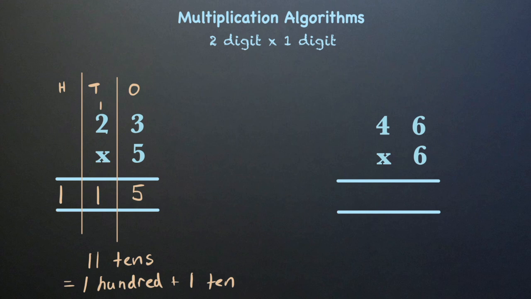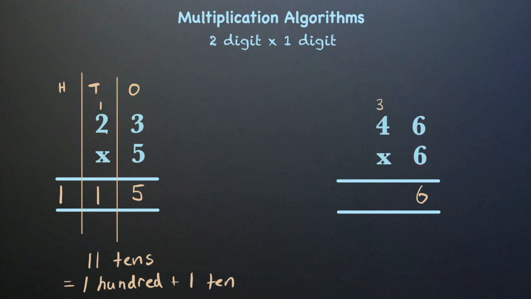Okay, and the last one here, first off I've got 6 ones multiplied by 6. I know 6 times 6 is 36. I'm going to record the ones with the ones and the 3 tens with the tens. Then I have 4 tens times 6.